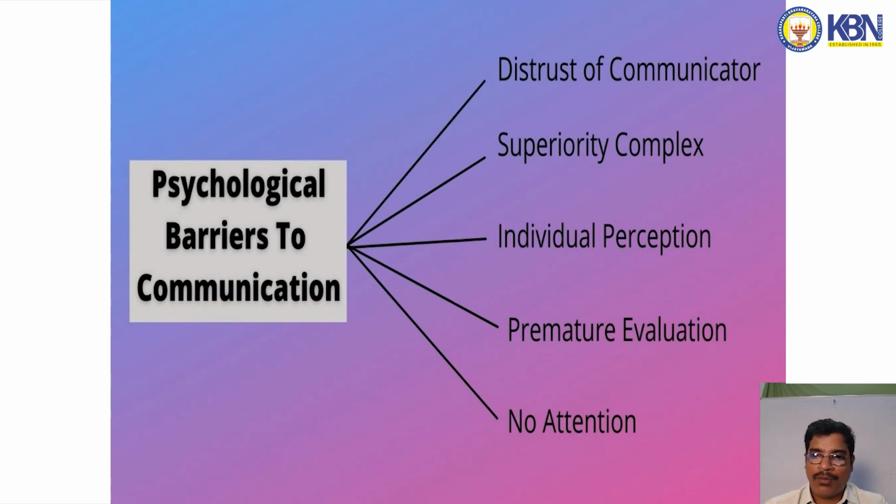And moreover, premature evaluation. This is the greatest communication barrier, which every individual may have. If someone is sharing some information, we say, stop it, I know what you are trying to say. I can analyze or sense what you are going to say to me.